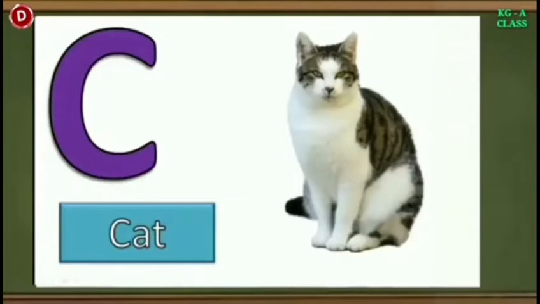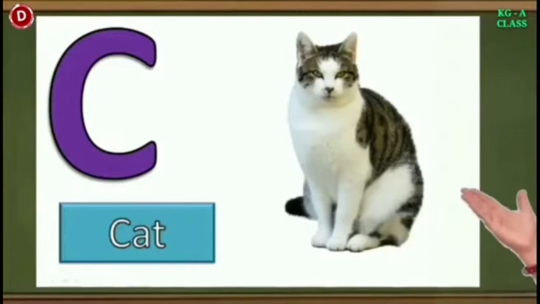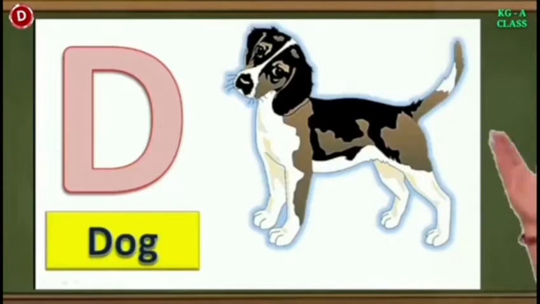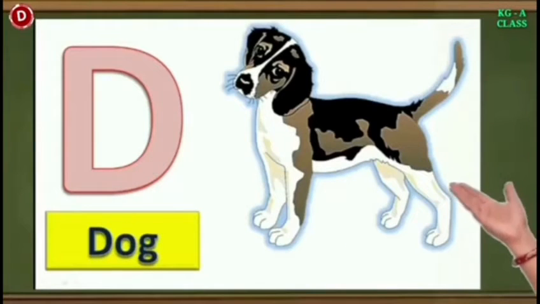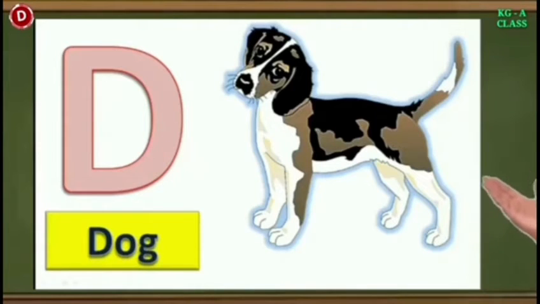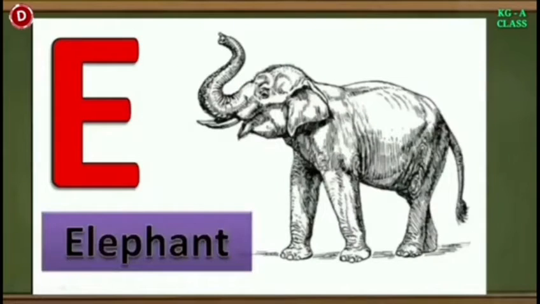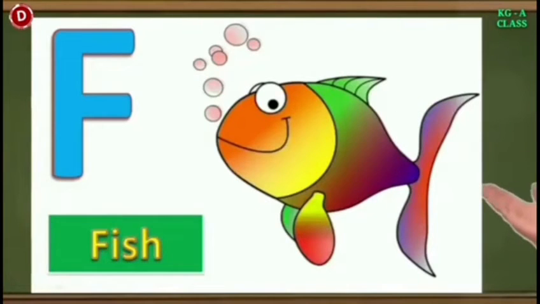Now comes C. C for cat. Meow. The next letter is D. Look here, children. This is capital D and D for dog. Now comes E, children. This is E. E for elephant. Now the next letter is capital F. F for fish.